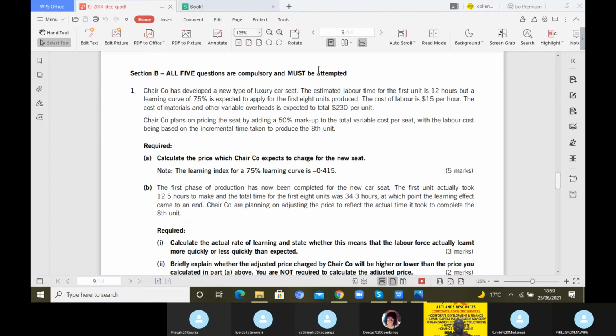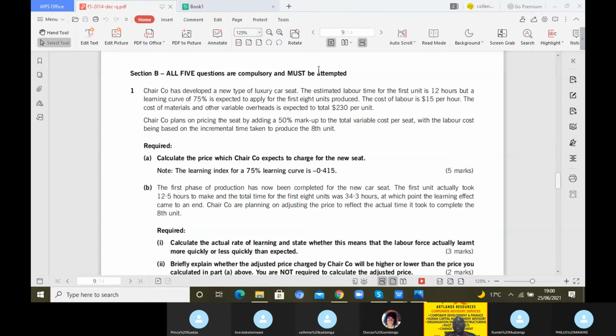That's December 2014, section B, question 1. The estimated labor time for the first unit, which is your A, the time taken to produce the first unit, is 12 hours, but a learning curve of 75% is expected to apply for the first 8 units produced. The cost of labor is $15 per hour. The cost of materials and other variable overheads is expected to total $230 per unit.